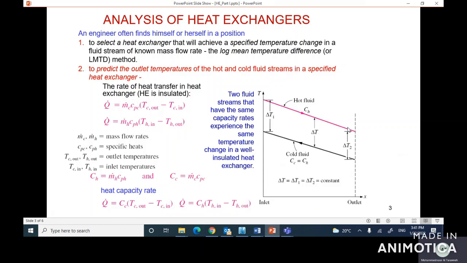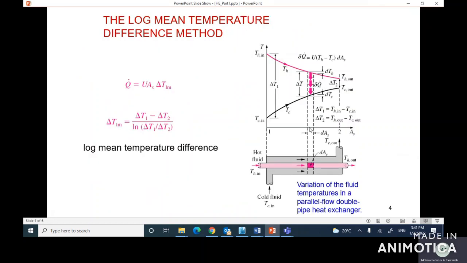This figure here shows a counter current heat exchanger, where the fluids move in opposite directions. Those two equations come from thermodynamic principles. From a heat transfer perspective, the amount of Q equals the heat transfer coefficient, U, times the surface area times the logarithmic mean temperature difference. The logarithmic mean temperature difference equals delta T1 minus delta T2 divided by the ln of delta T1 over delta T2.